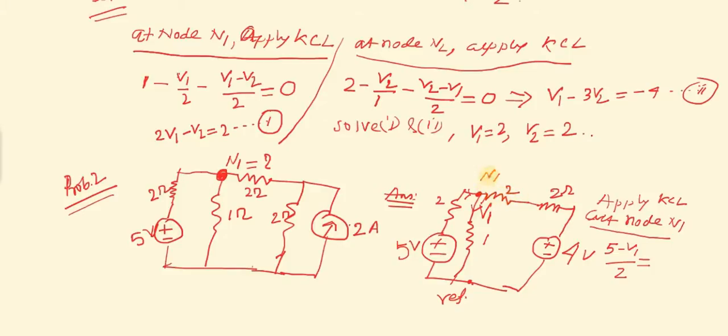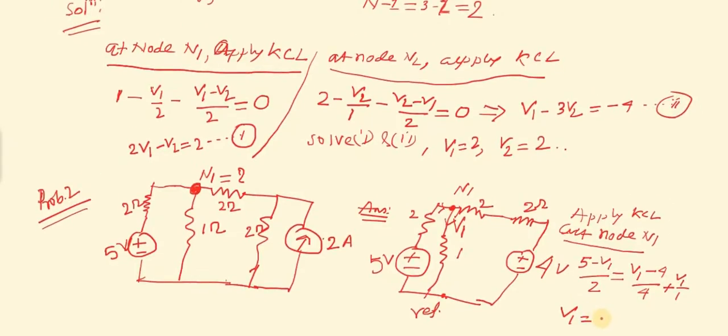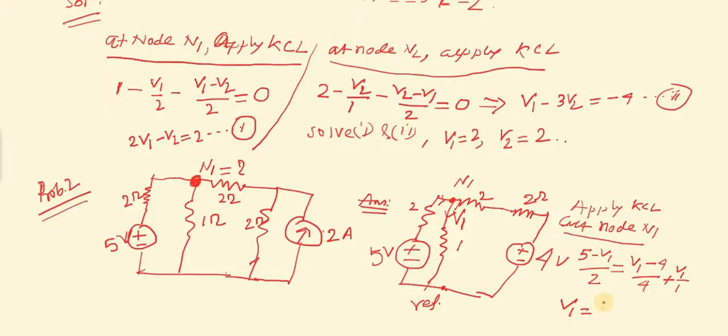This branch current will be this voltage minus this voltage divided by the total resistances. So V1 minus I4 plus this branch current. This is V1.